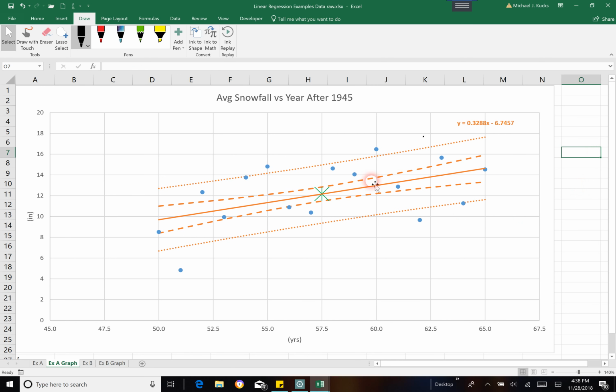Okay. Now, these two dashed lines show me the amount of fluctuation for a single measurement. A single measurement could vary from the prediction from this model. I mean, the prediction of the model is this line, this solid orange line. But a single measurement could fluctuate as much as these two dotted lines with 68 or 70% confidence.